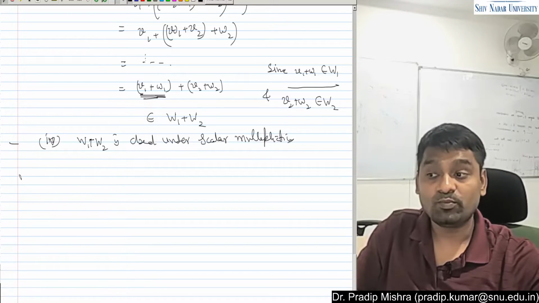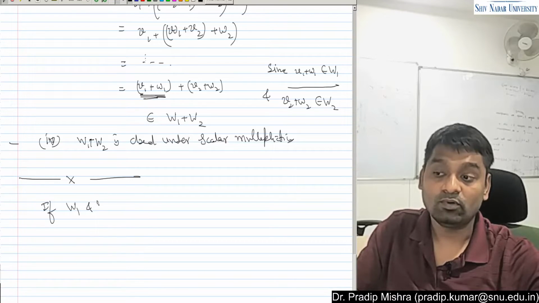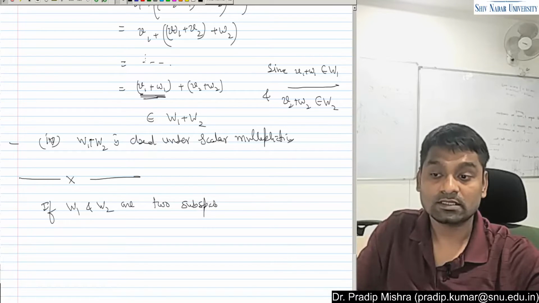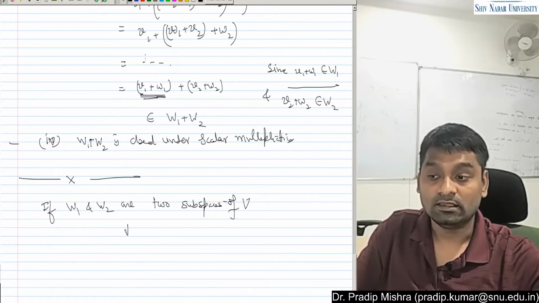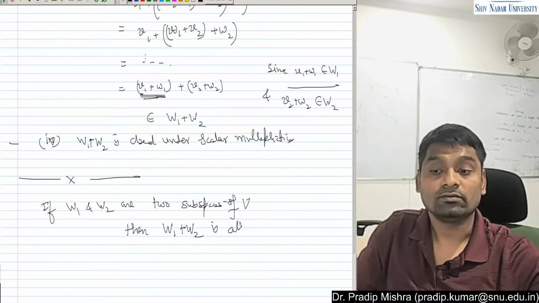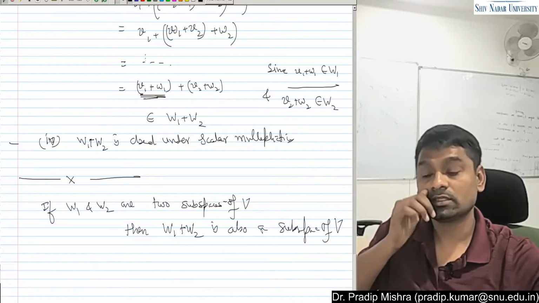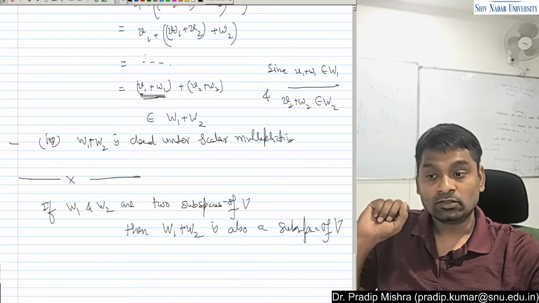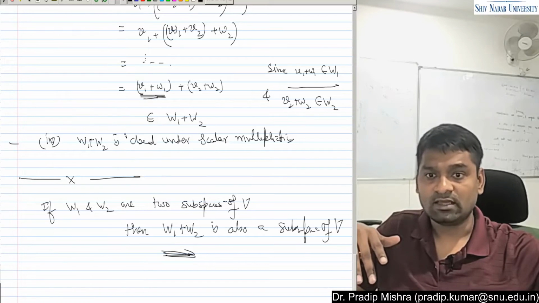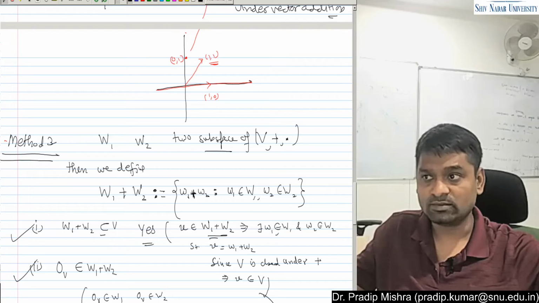All these things will prove that if W1 and W2 are two subspaces of V, then W1 plus W2 is also a subspace of V. So this is one more method. You should pause the video and try to understand these methods carefully.